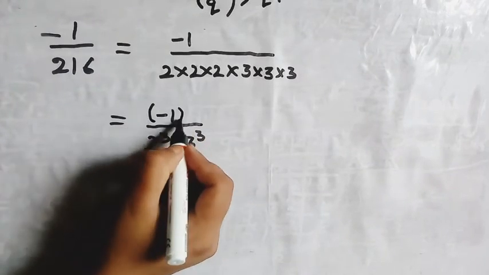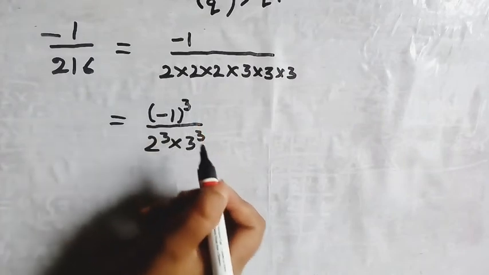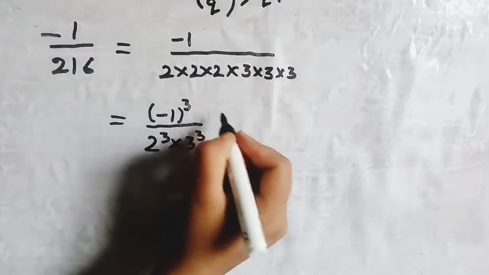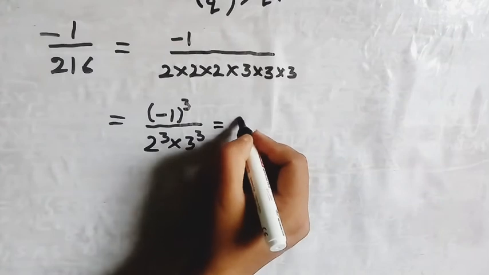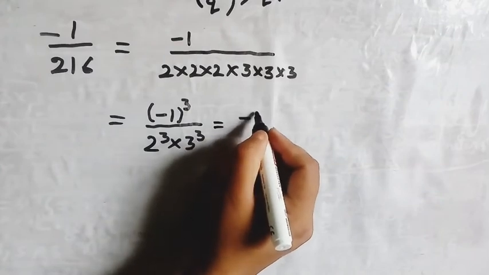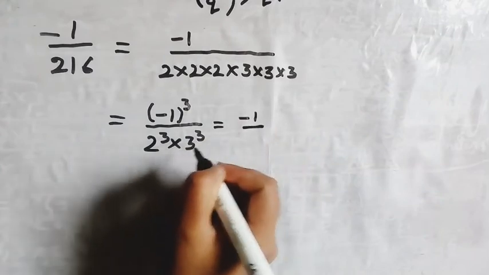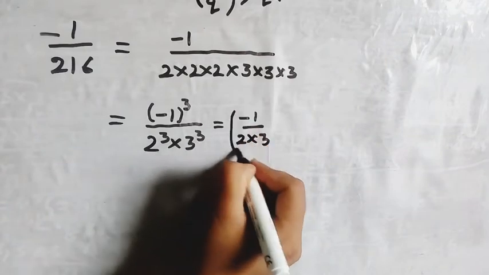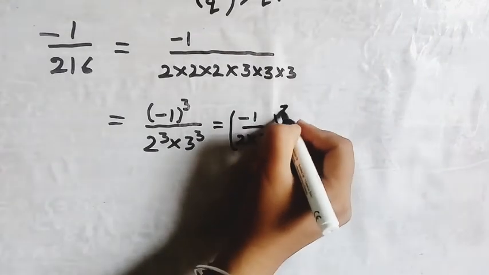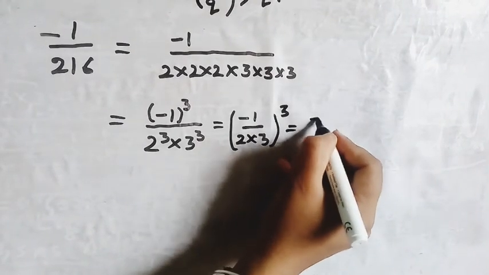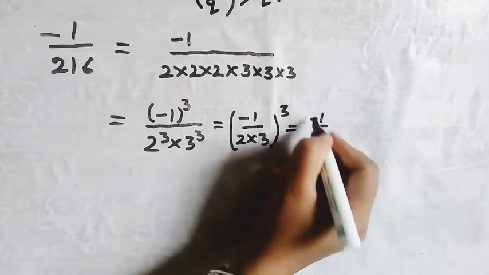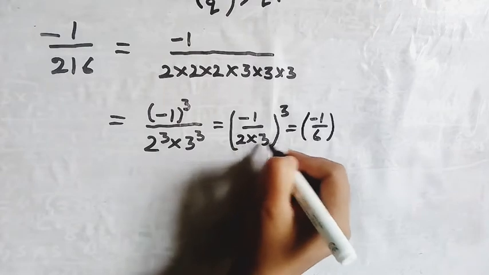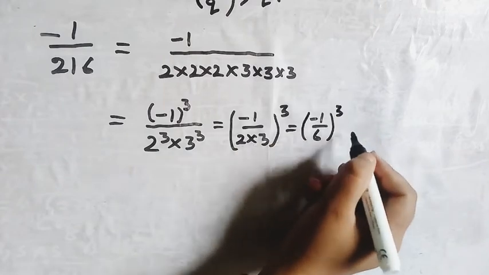Now see, minus 1, the power of denominator is 3. So minus 1 can also be written as minus 1 raised to power 3. Now the power is common. It will become minus 1 upon 2 into 3 whole raised to power 3, which is minus 1 upon 2 3s are 6 and whole raised to power 3.